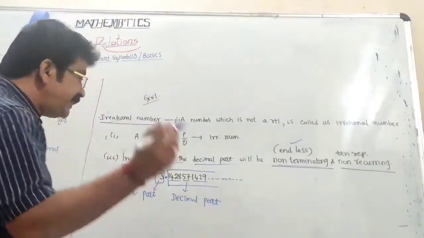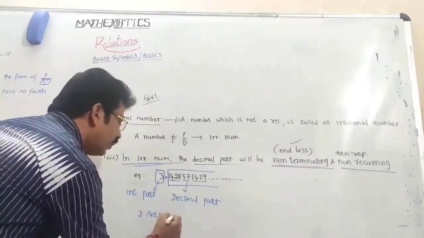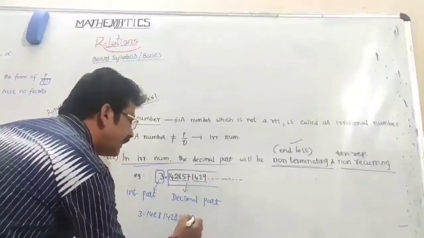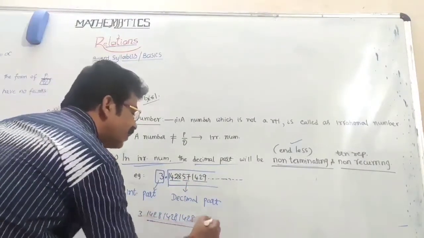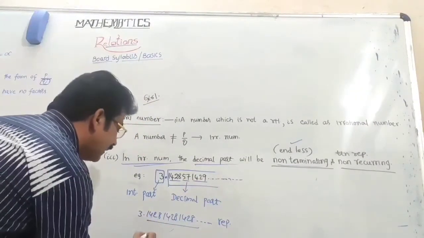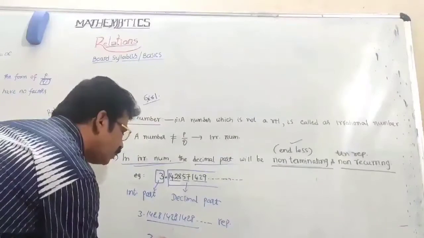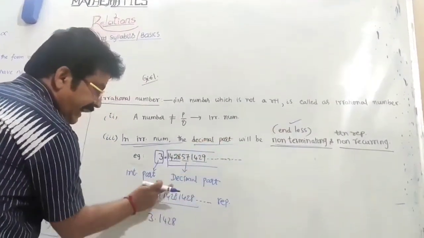For example, what is repetition? 3.1428, 1428, 1428 and so on. That is called repetition. Understand? Next, 3.1428. That's all. It is called the end. It is endless.